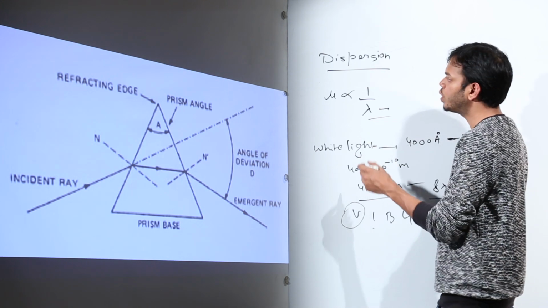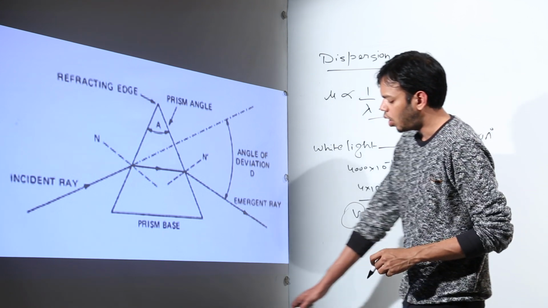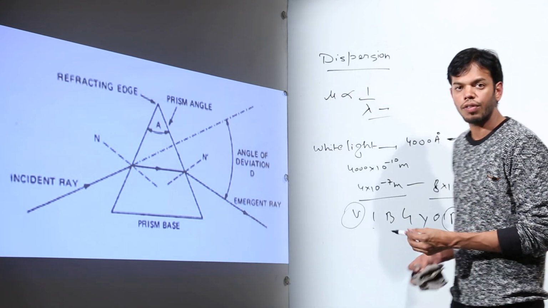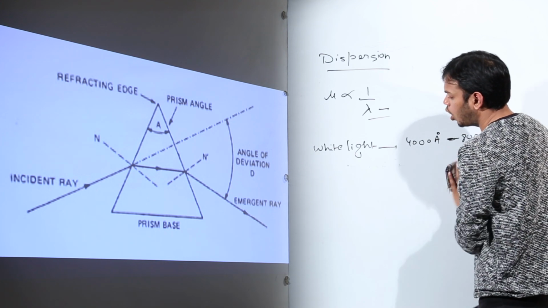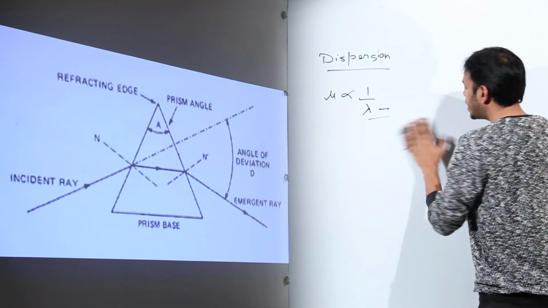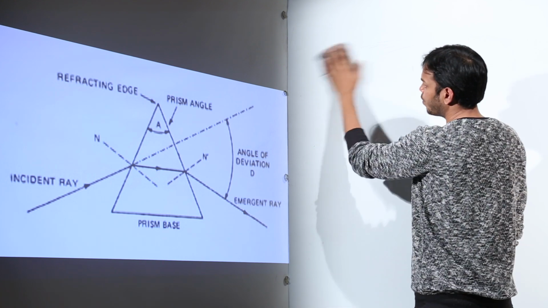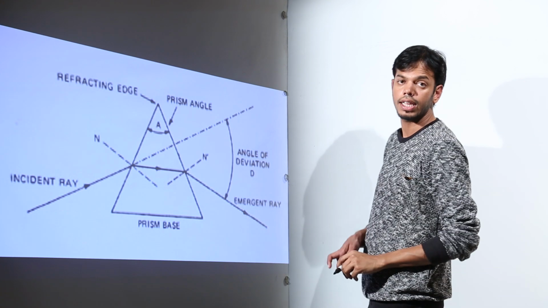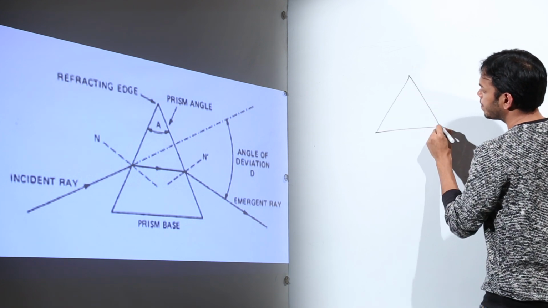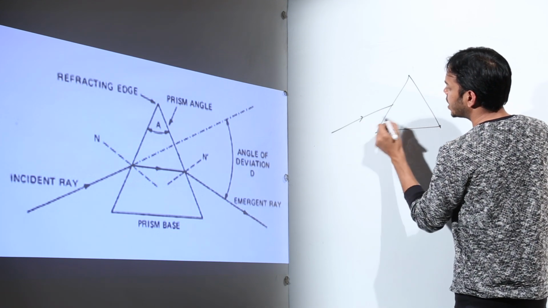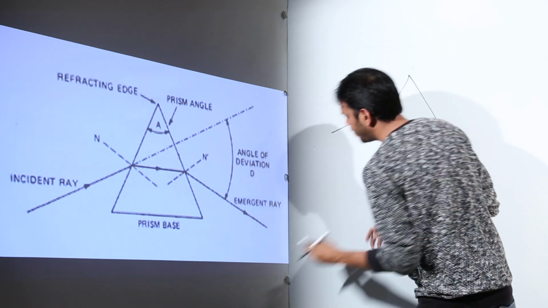Now as I told you, the refractive index, or the amount of bending which light is going to suffer, will depend on the wavelength. The higher the wavelength, the less will be the refraction. So suppose this is our prism, white light is entering from this point, this is my normal here.